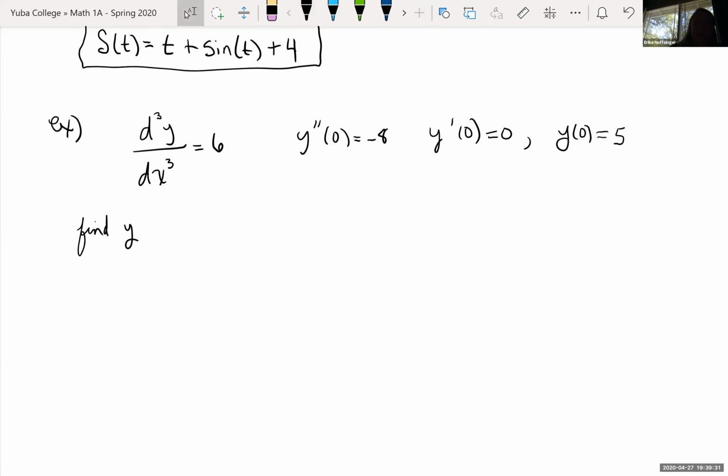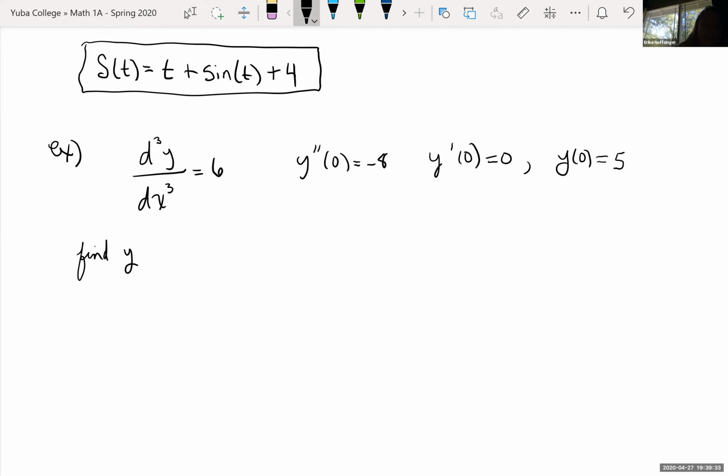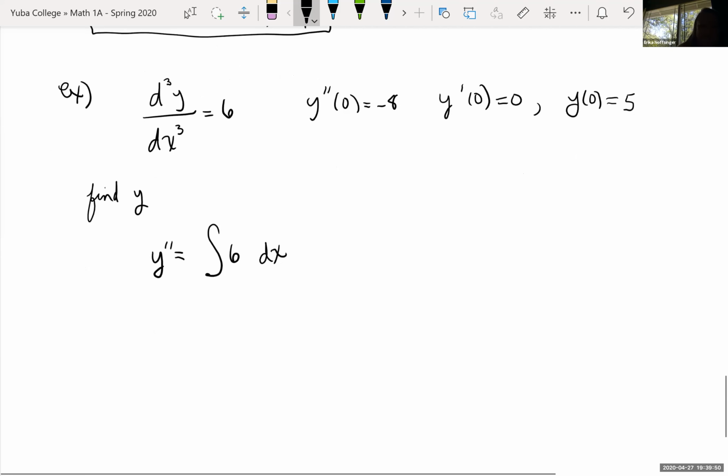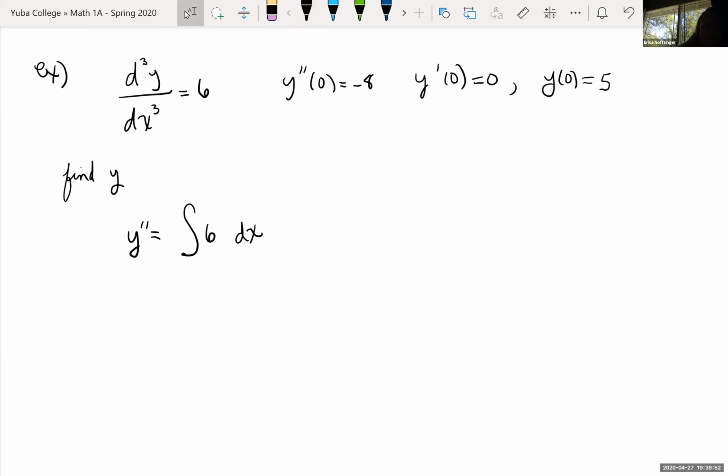So I know then that the second derivative would equal the antiderivative of the third derivative, and this is in terms of x. If I took the antiderivative of 6, that would give me 6x plus some constant c.